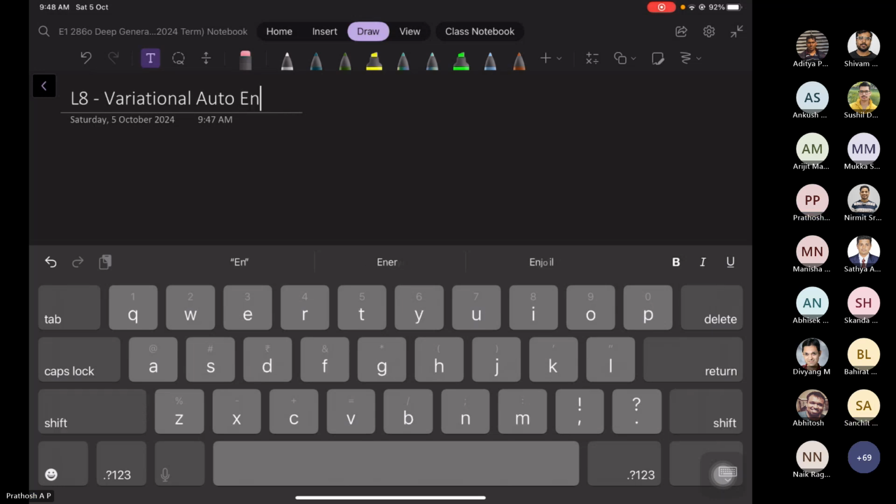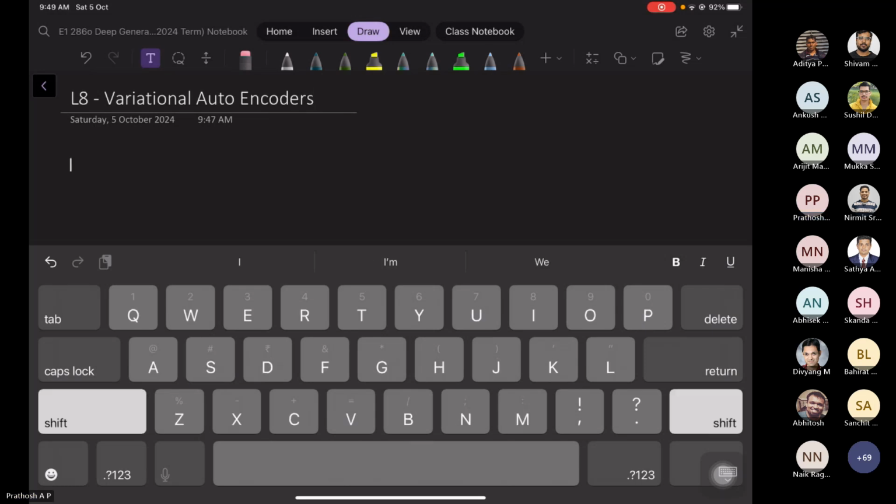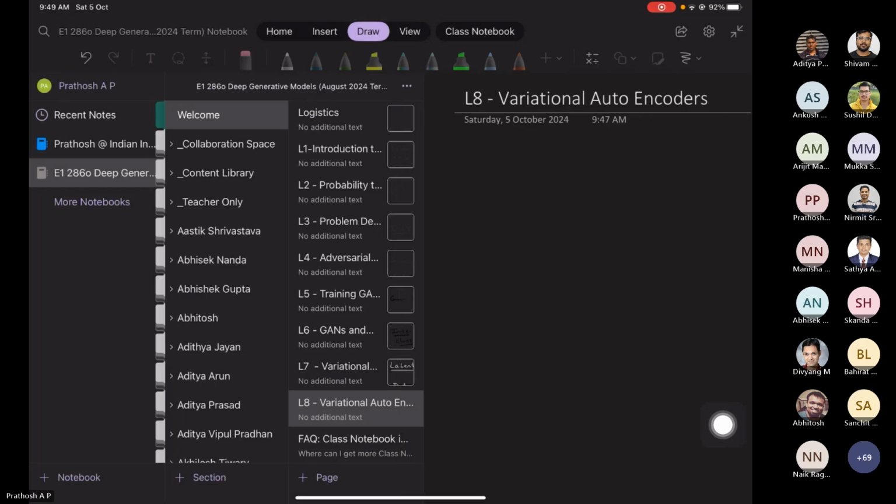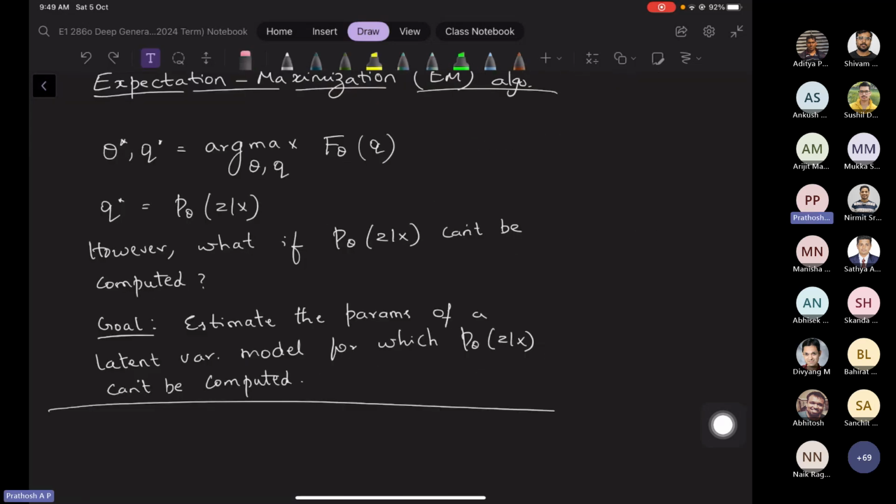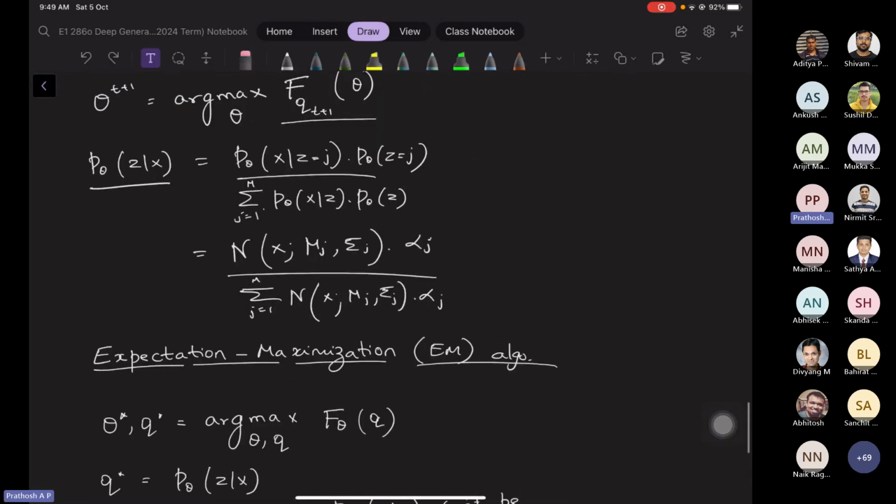Okay. See, I'll go back to the previous slide. I don't intend to teach GMMs anyway. So here, that is what I have written. For a given z, we have a particular Gaussian.